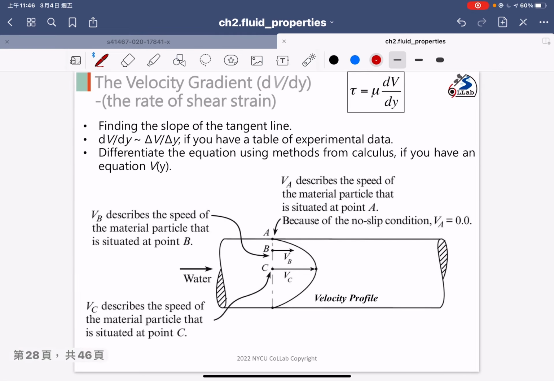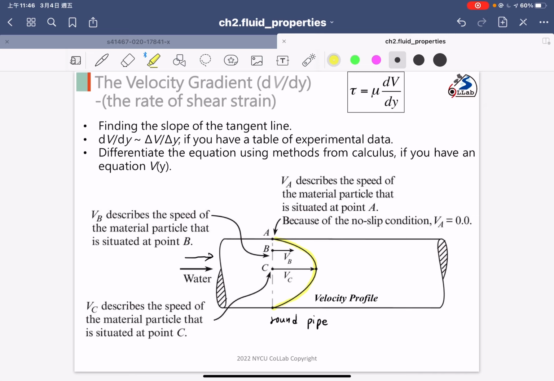Okay, so as I mentioned, this is the flow in a round pipe. The flow direction is along this direction. Under these conditions, we have the flow velocity profile like the black curve showing here, which I highlight in yellow.